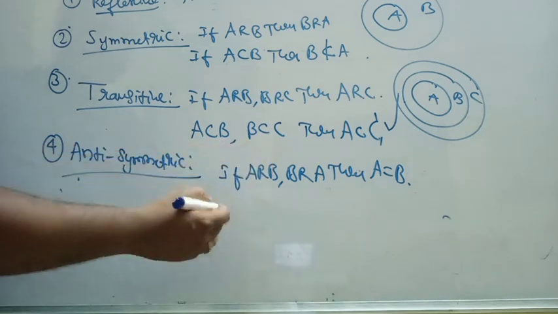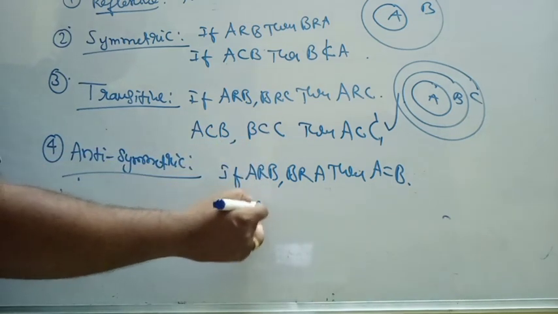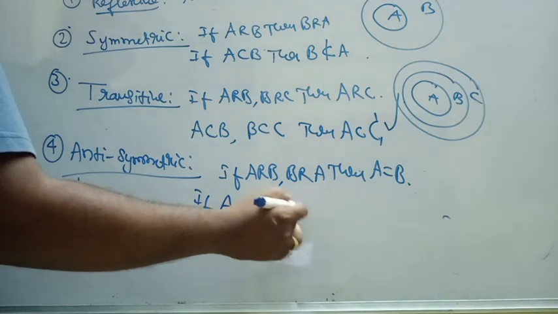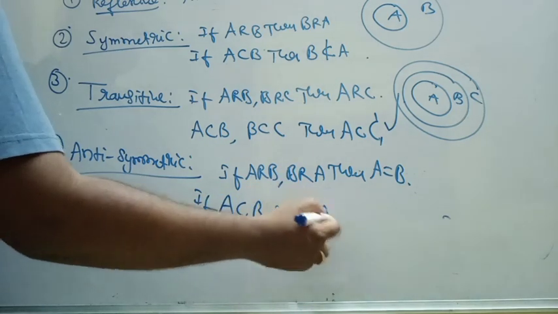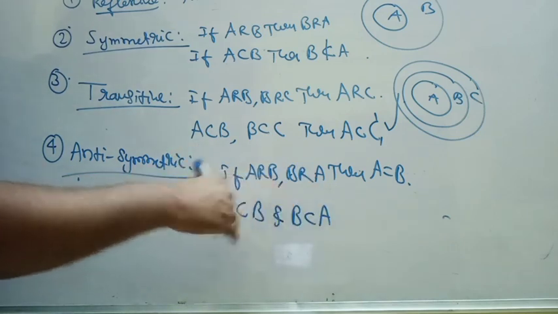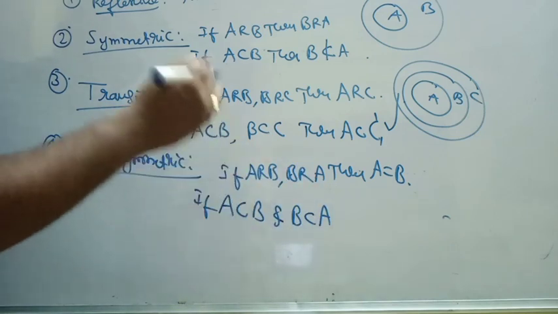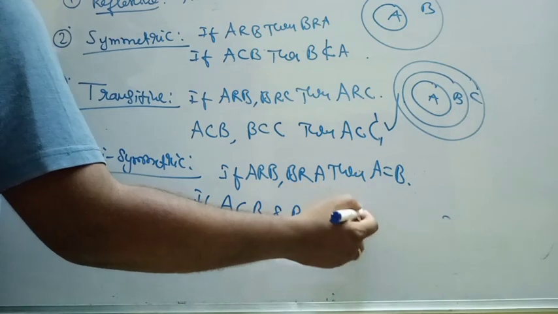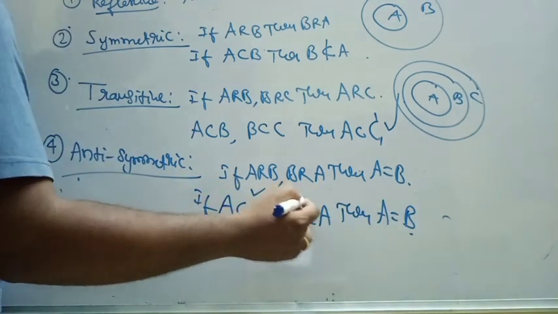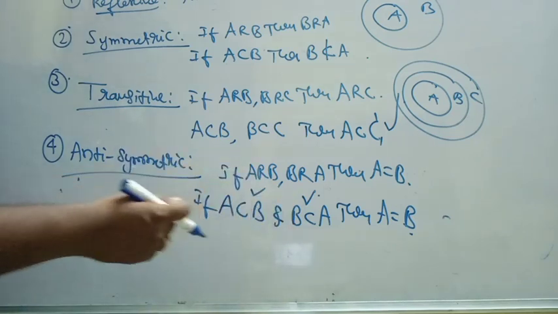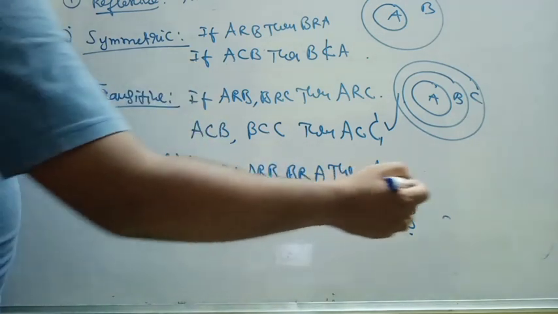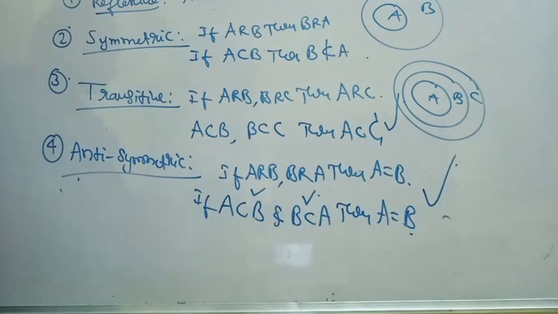A related to B means A is a subset of B. If A is a subset of B and B is a subset of A, both are given, when is it possible? This is possible only when they are equal, that means A equals B. That means it satisfies the anti-symmetric property.